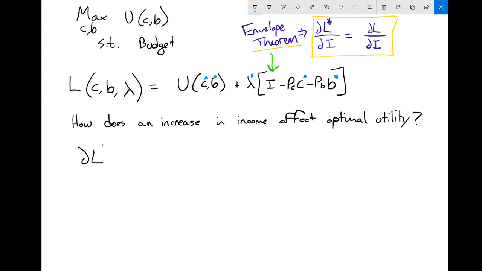All right. So optimal utility, that means it's L evaluated at the optimal values of C, B, and lambda. Okay. So I want to know, how does the income affect that? Well, I take the derivative of the optimal L with respect to I, and I'm just going to get the direct derivative, lambda star, and I might write by the envelope theorem.